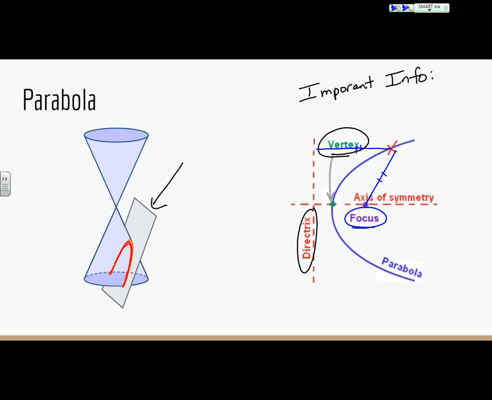So those two distances should be equidistant if I'm drawing it correctly. I'm not going to get too hung up on that. I'll show you a shortcut for making sure that you draw your parabola wide or skinny enough in just a minute.